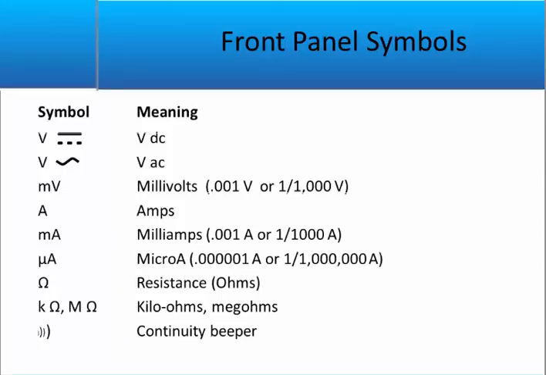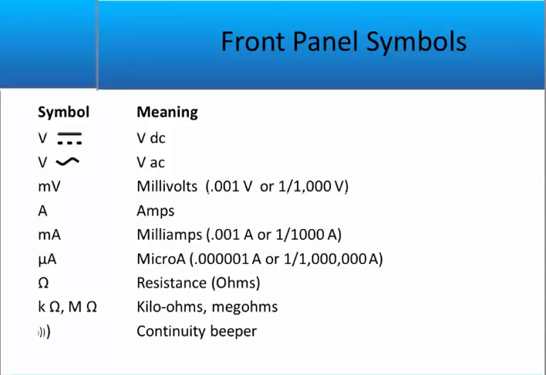So what are the common symbols? These do vary from manufacturer to manufacturer, but the most common symbols are voltage DC, as you can see, and voltage AC, indicated by a simulation of a sine wave.